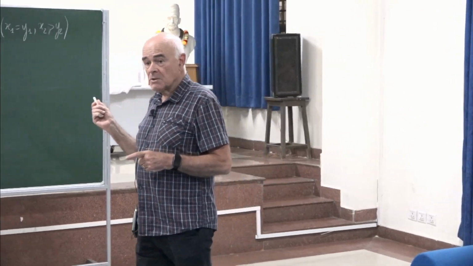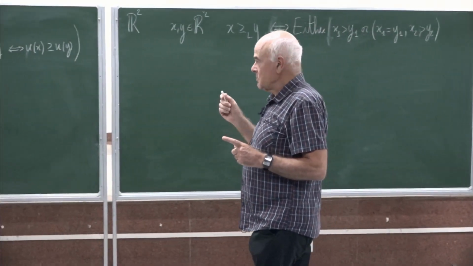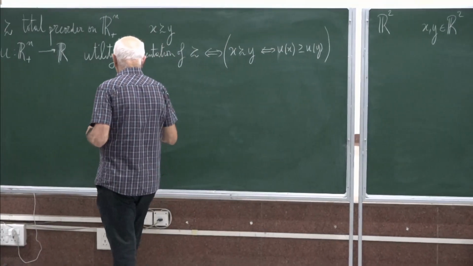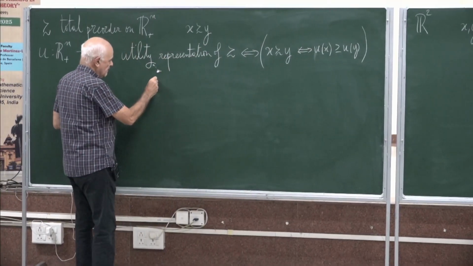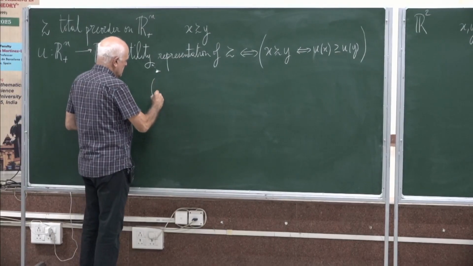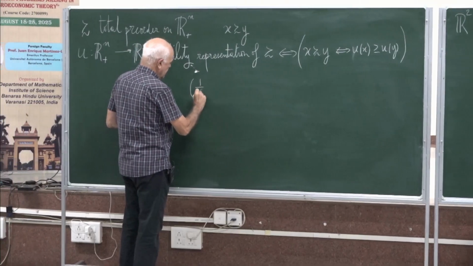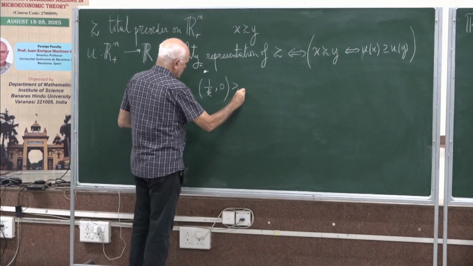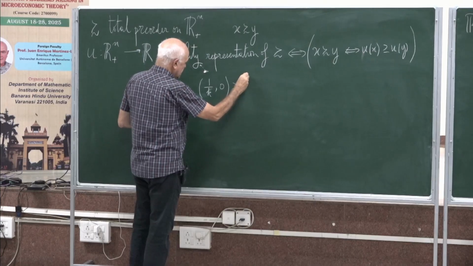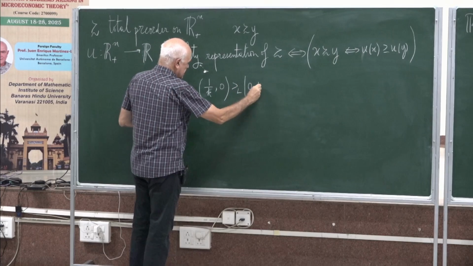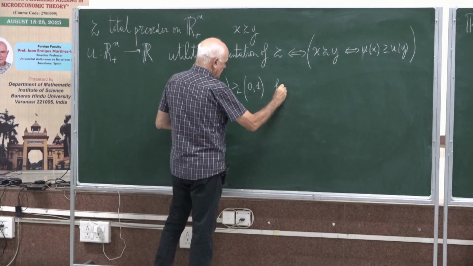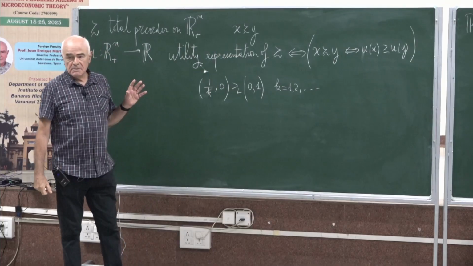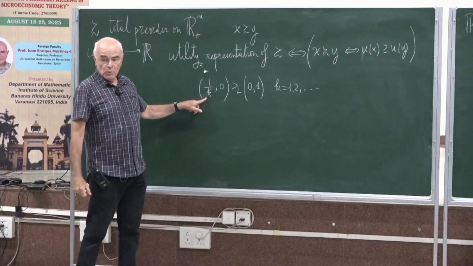Observe that this preorder is not continuous. So Debreu's theorem does not apply. To give you an example, you have 1 over k, 0, lexicographically greater than 0, 1 for every k, because you just have to look at the first component. 1 over k is greater than 0.